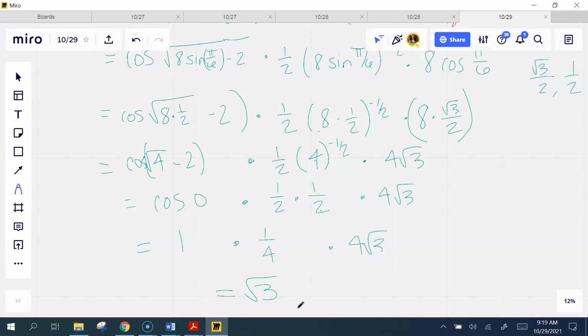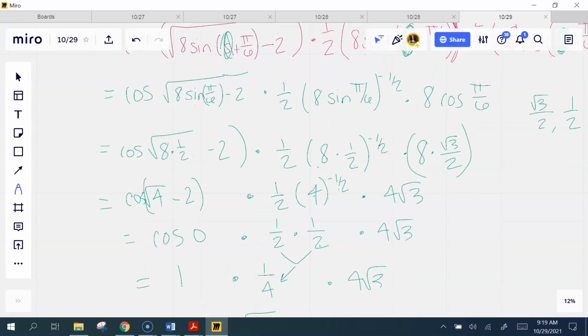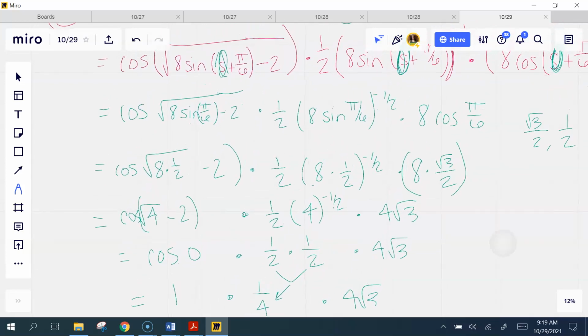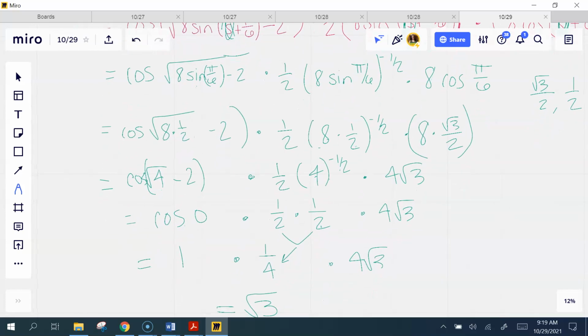When did you do 1/2 times 1/2 though? You did 1/2 times 8, but when did you do 1/2 times 1/2? There's a 1/2 right there. You don't distribute when there's multiply. Oh, okay.